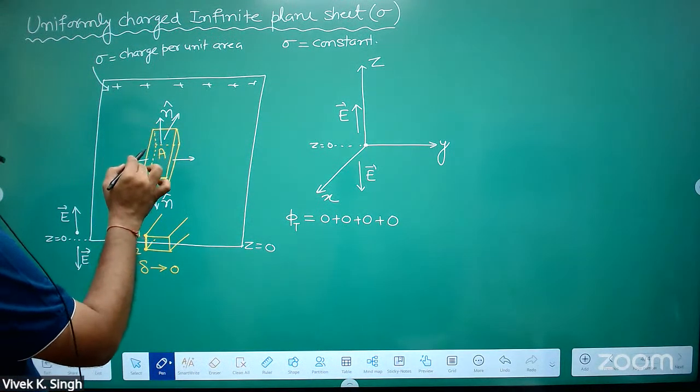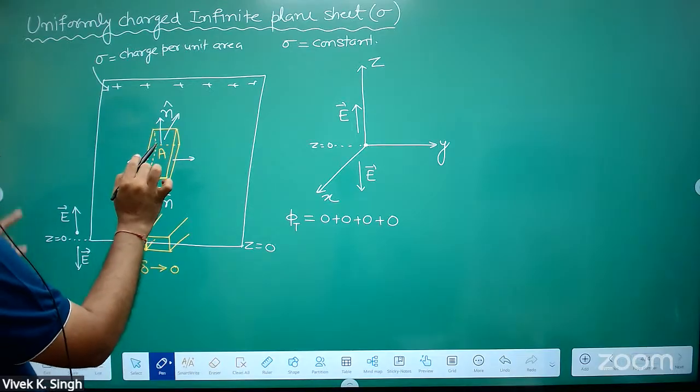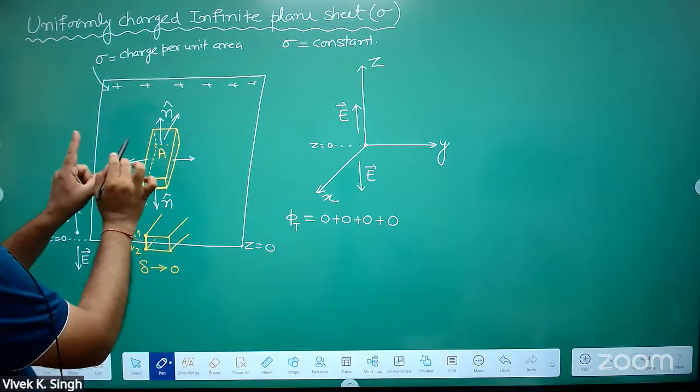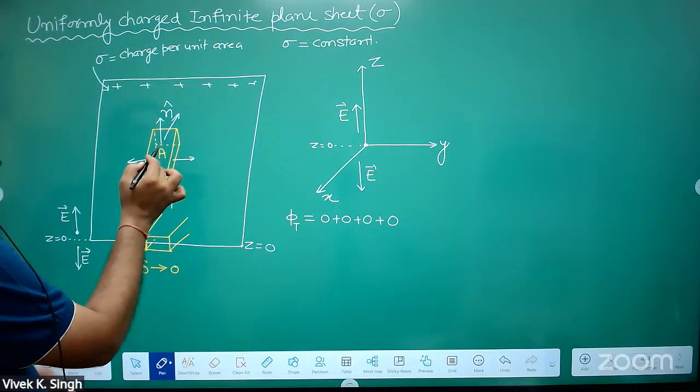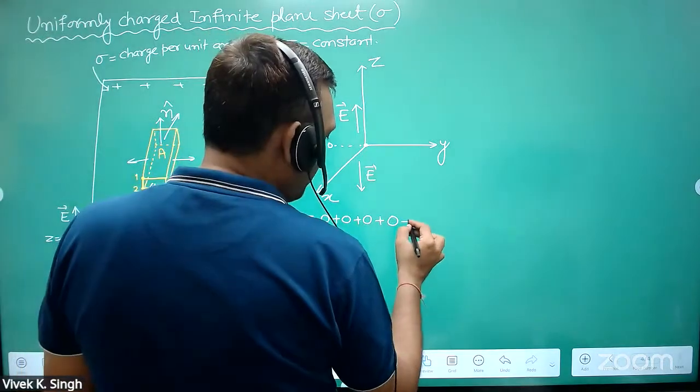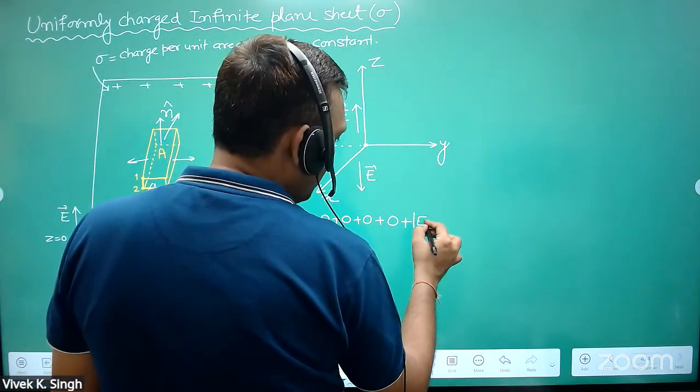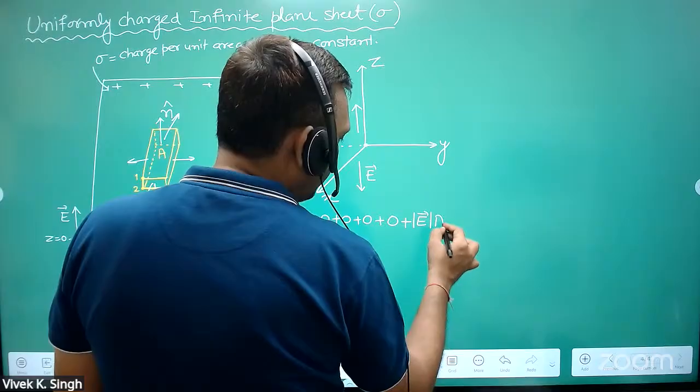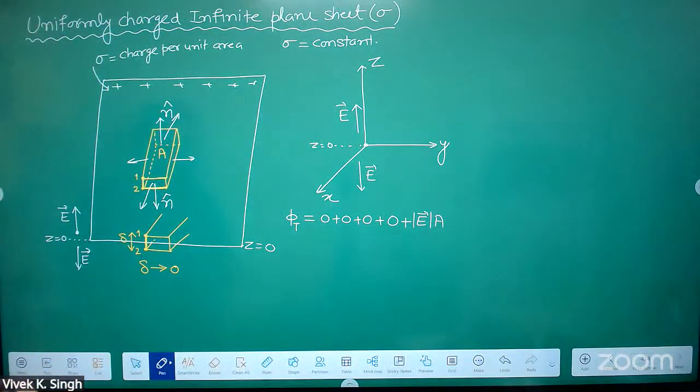Now for upper surface, E and dA, they are in the same direction. ये दोनों same direction में है. Magnitude of E is E and area is A. तो upper surface पे क्या हो जाएगा? Mod E into A. And same thing for lower surface. Just check.